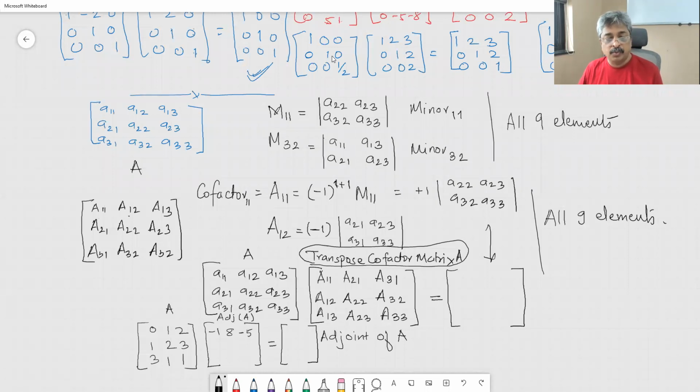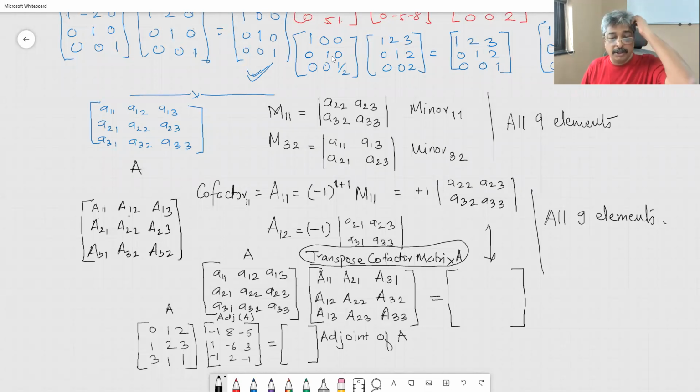Capital A11 is minus 1, capital A21 is 8, capital A31 is minus 5, capital A12 is 1, capital A13 is minus 1, capital A22 is minus 6, capital A23 is 2, capital A32 is 3, capital A33 is minus 1.